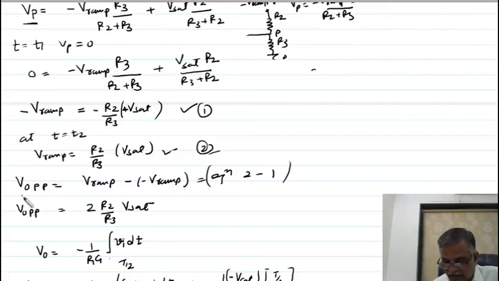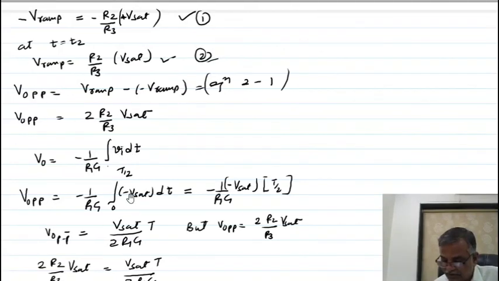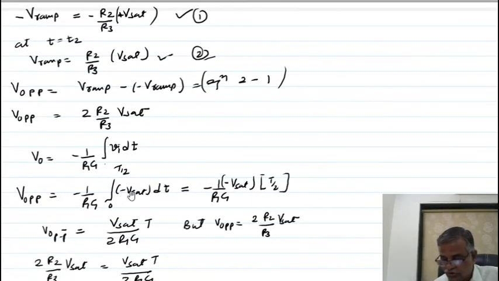Then what I did, I found VO peak to peak, the difference of these two voltages, 2R2 by R3 V set. Then I found the output voltage of the integrator. What is the output voltage of the integrator? It is minus 1 upon R1 C1 integral of Vi dt, only for T by 2 time. So for T by 2 time, Vi is what? Negative, so minus V set.